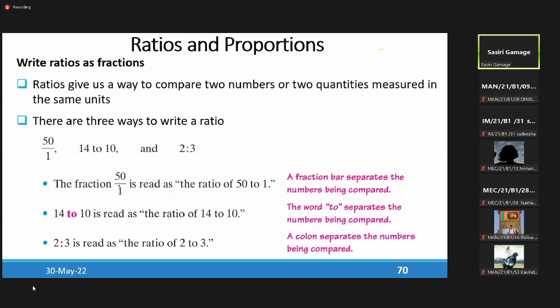Then the first one as a fraction, 50/1 is read as the ratio of 50 to 1. Here it is 50 to 1. Then here 14 to 10 is read as the ratio of 14 to 10. We keep the words the ratio of at first, ratio of 50 to 1. Here ratio of 14 to 10. Then 2:3 is read as the ratio of 2 to 3.